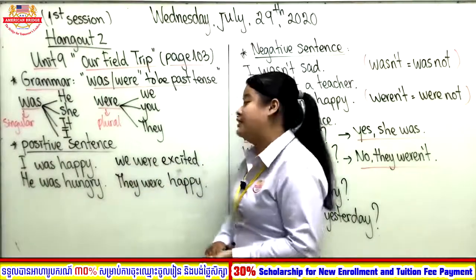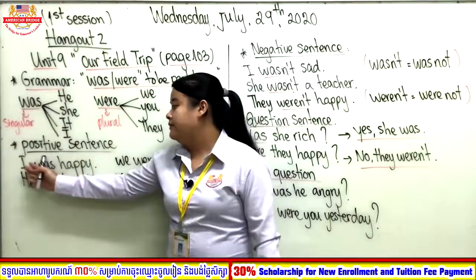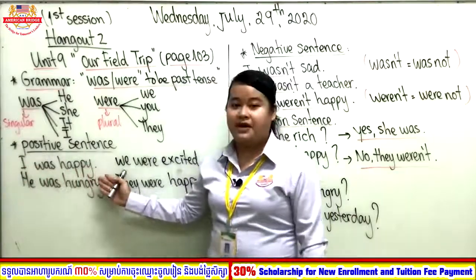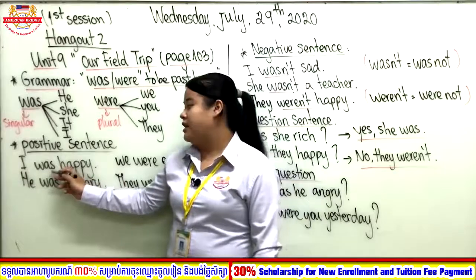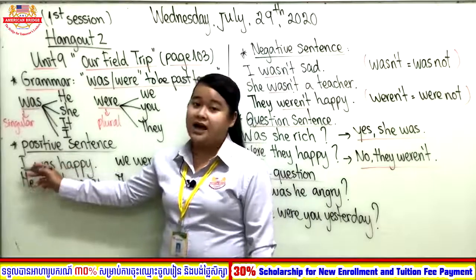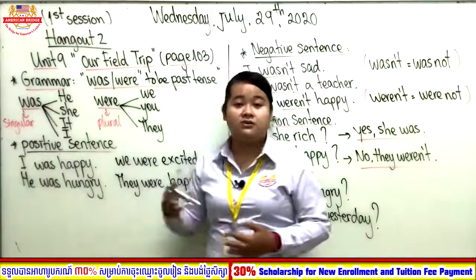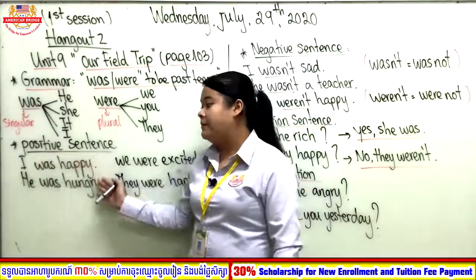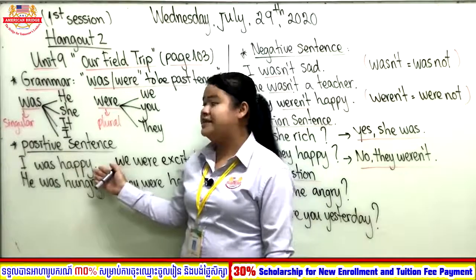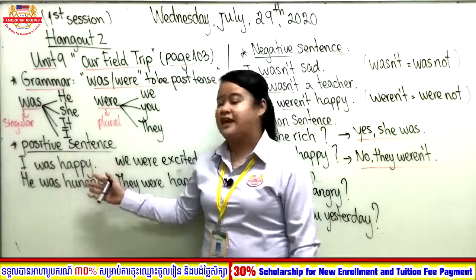Now let's look at this example. I was happy, right? Because I is singular, that's why I need to use was. I was happy. This sentence is a positive sentence.